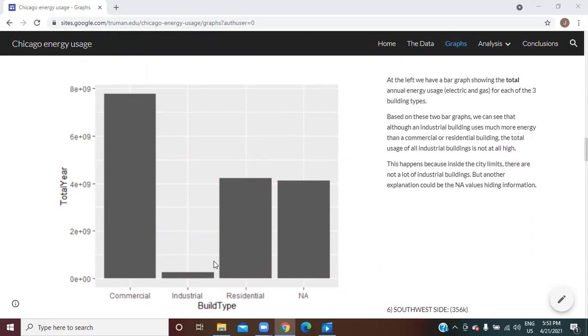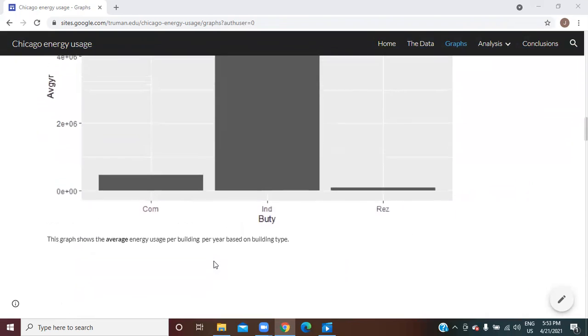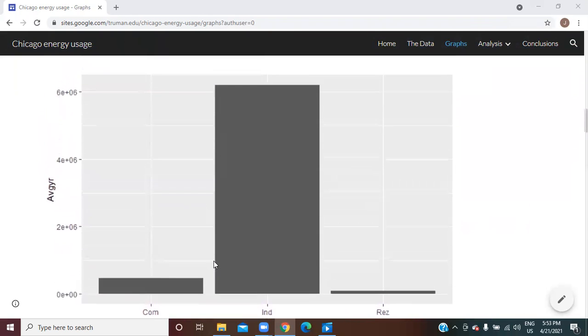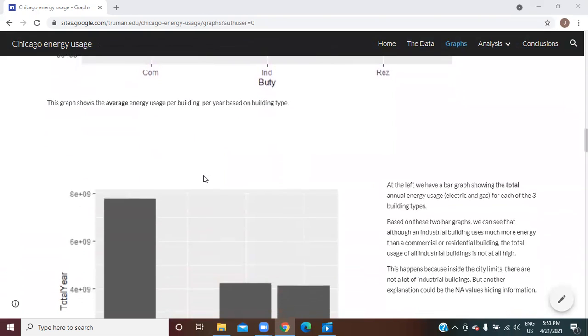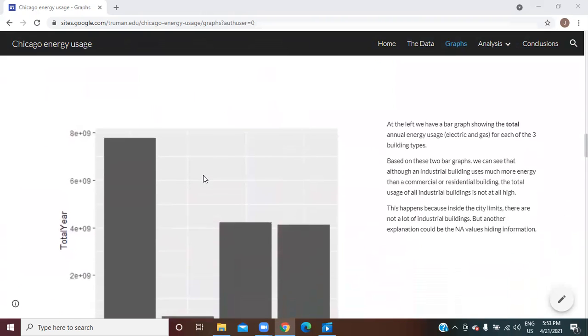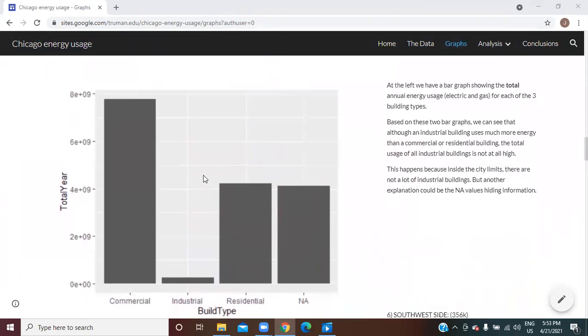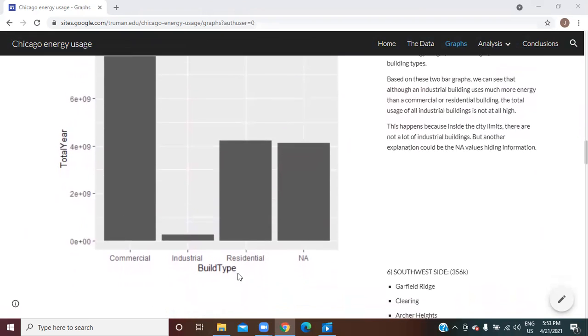This is because although each industrial building uses a larger amount, as shown up here, we have a very small number of industrial buildings in the city of Chicago. And so the total usage of industrial buildings is not comparable to commercial or residential buildings.